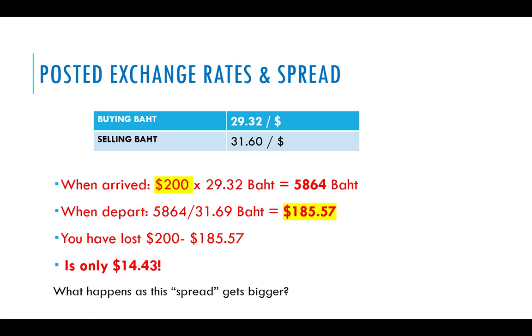Right here, the spread isn't that big, but what happens if the spread were to be bigger? Everyone agree you're going to lose more than $14.43. So if the spread is really small, you're not going to lose that much in the kind of transaction we just did. If the spread was a lot bigger, then that would be potentially bad. But we're not going to have that problem in Thailand.